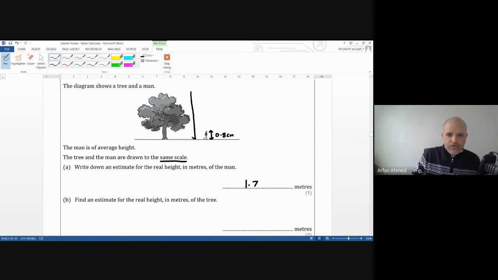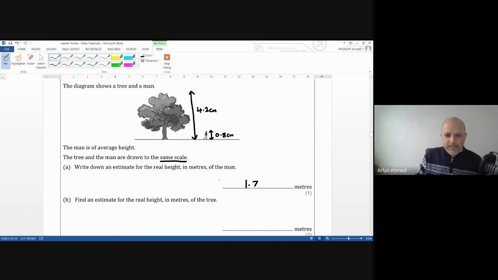So let's say for the tree, I've got 4.2 centimeters. And don't start saying, oh, mine's 4.3 or mine's completely different. It's not going to be massively different, but on mine, it totally depends on how it's printed. Again, for argument's sake, let's say you've measured these two things and you got 0.8 for the man, and 4.2 for the tree.